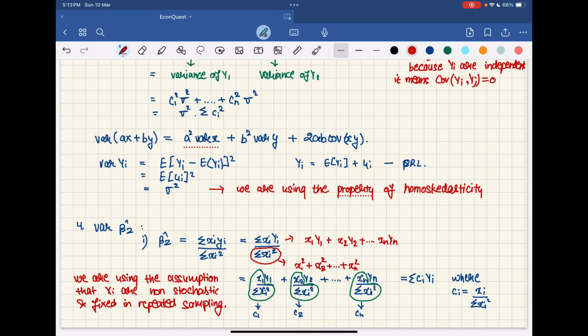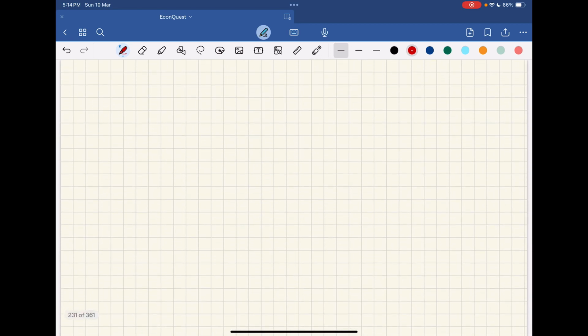Okay, so now this form is familiar to you, right. It is a linear function of yi, right? So it means beta 2 hat is a linear function of yi. Okay, so we made beta 2 hat a linear function of yi, right?